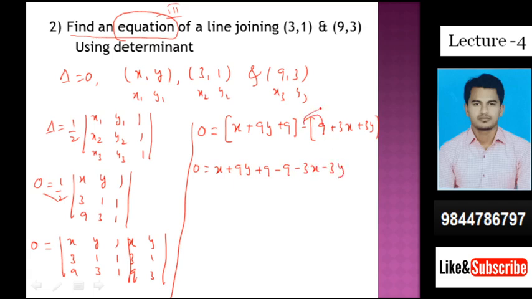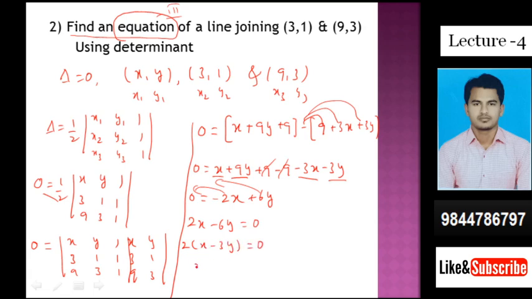Just multiplying with minus sign to all the cofactors. 0 is equal to x minus 3x, that is minus 2x, plus 9y minus 3y, that is plus 6y, plus 9 minus 9, cancel. Now substituting these into the LHS, 2x minus 6y equal to 0, take 2 common, x minus 3y equal to 0.